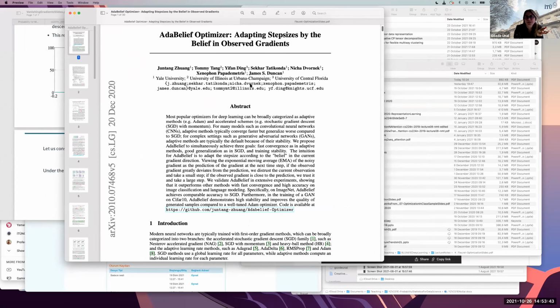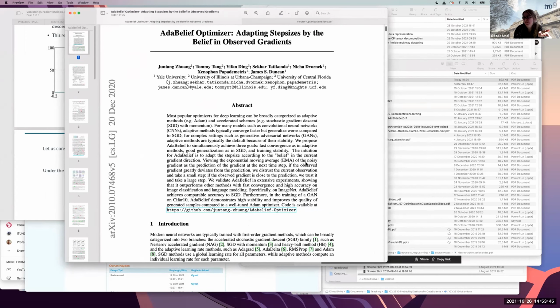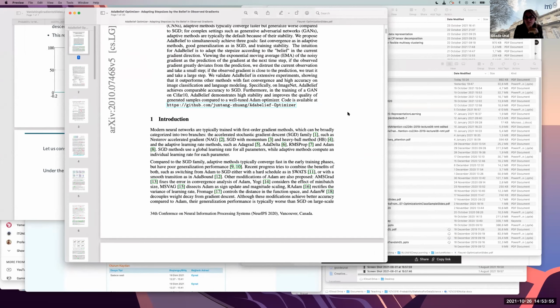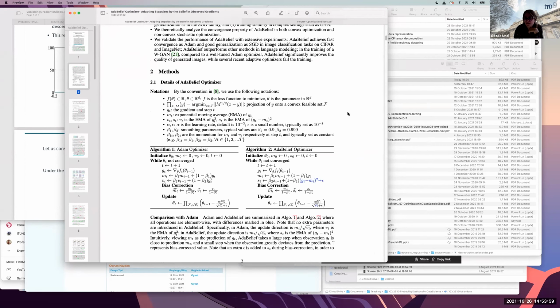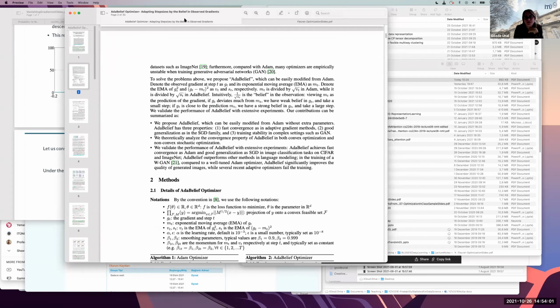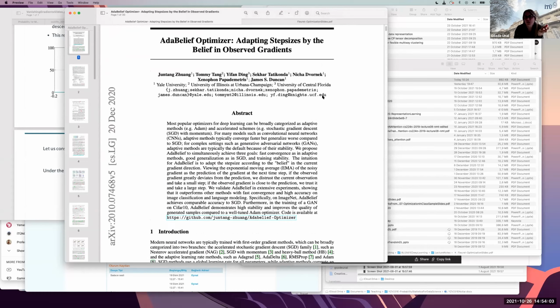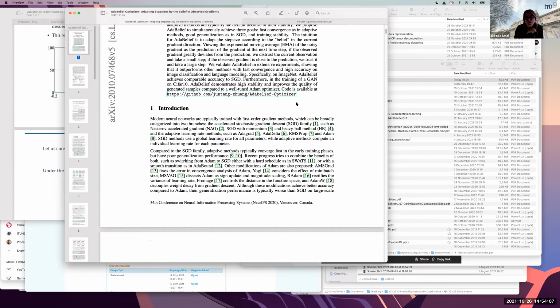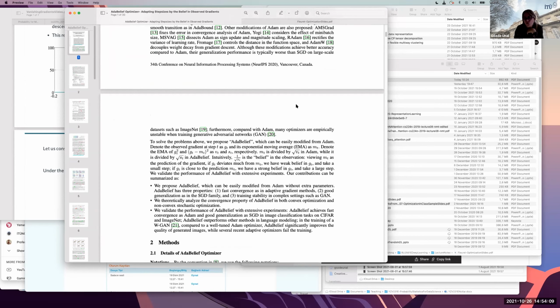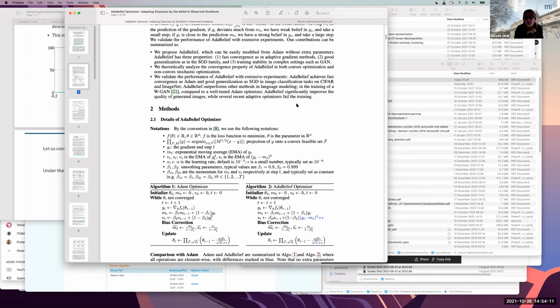This was the AdaBelief optimizer. We actually even ran this, like your question, what to use when. This was doing updates on the Adam optimizer. You see this is a NeurIPS paper. Now you are in a position to be able to read this paper because you know what SGD is, you know what the Adam optimizer is, you know the algorithm.